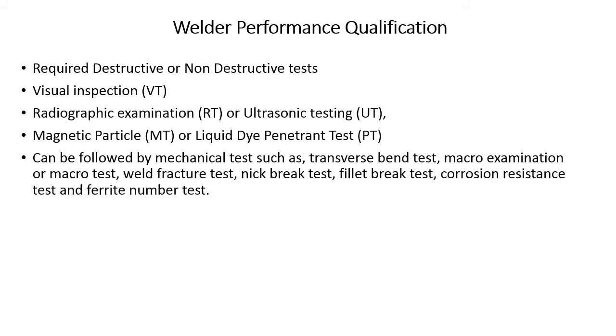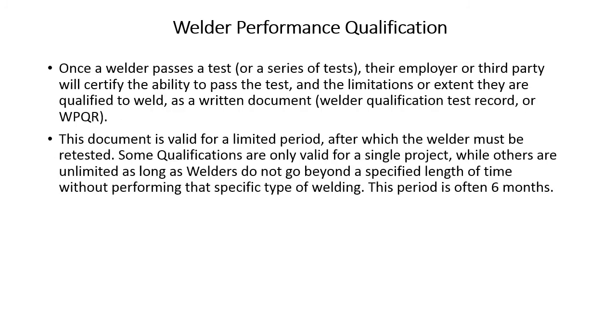Just depends on what they want done. Your code and your customer requirements are going to spell out the regimen of testing that's required for welder performance qualification. So you need to read the documents and make sure you know what needs to be done and go from there.